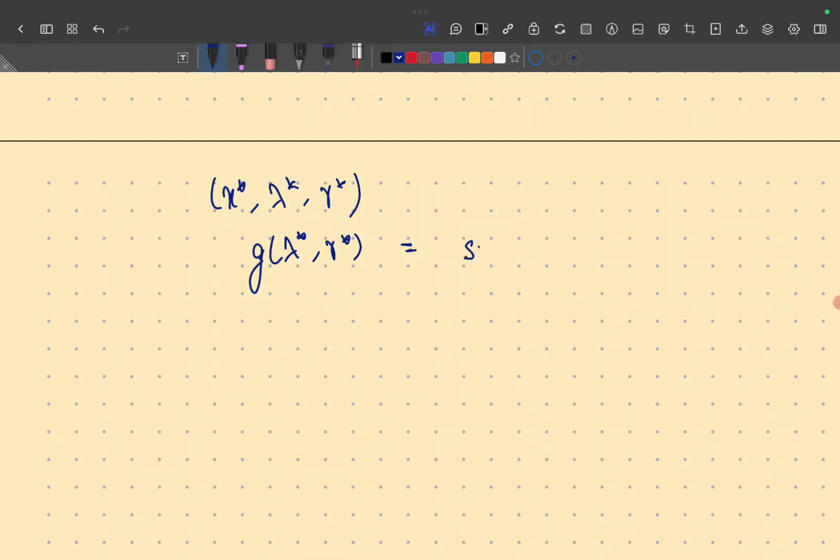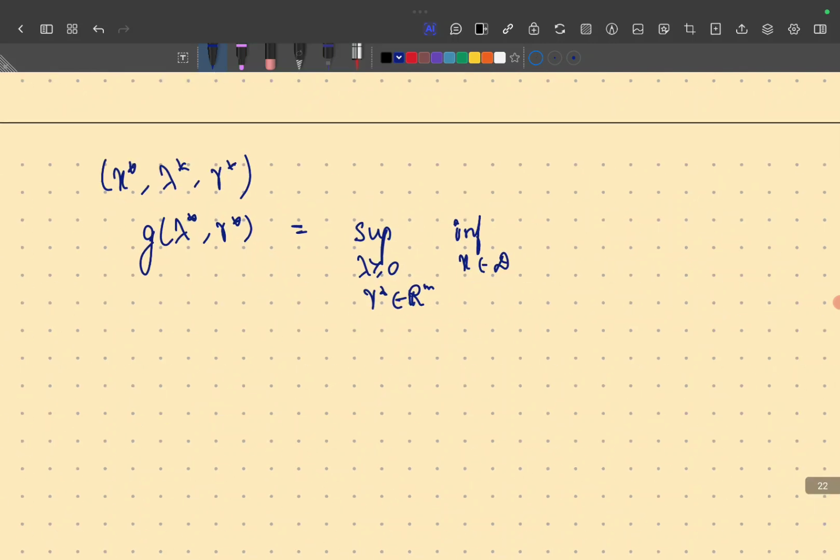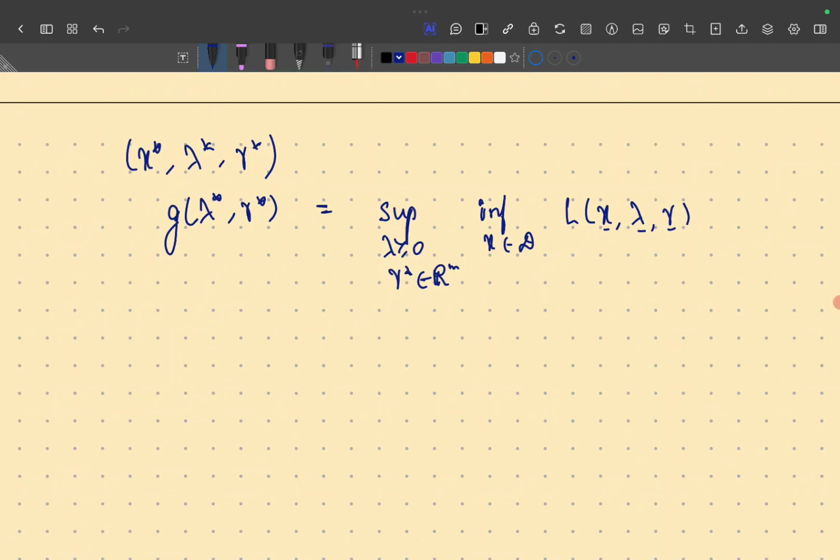It's equal to the supremum over all lambda greater than or equal to 0, mu star in Rm, of the infimum x in the domain of L of x, lambda, mu. Correct?